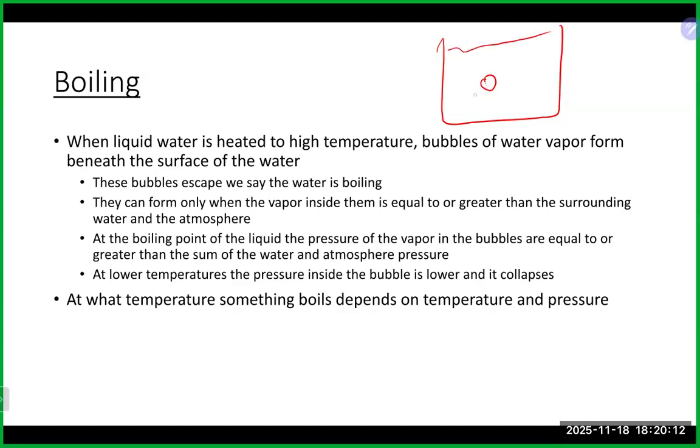And that's because if the pressure outside of the bubble versus inside is greater, then it just pops, right? In that case, if you finally get everything boiling, where the pressure inside and outside are equal to each other, or maybe slightly bigger for inside, that's going to allow that bubble to make it to the surface to actually start boiling.